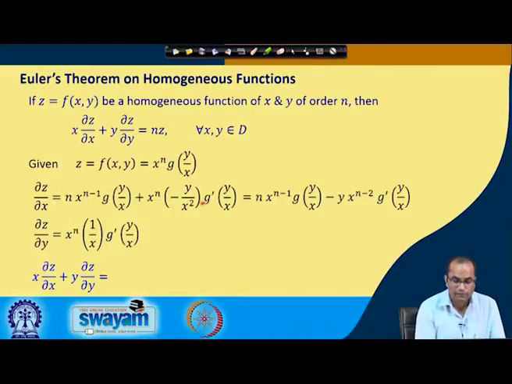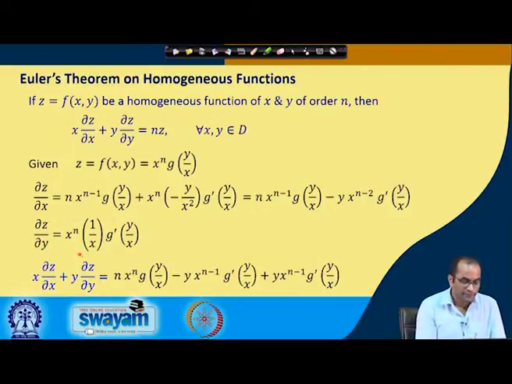What will we get? So, we have multiplied here by x, so we will get here x power n, and for the other term we have multiplied by y. So, this is exactly n x power n g minus y x power n minus 1 g prime, and in this case we have x power n g prime, and then we have multiplied by the y term.